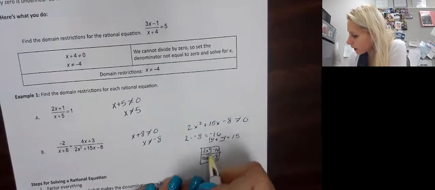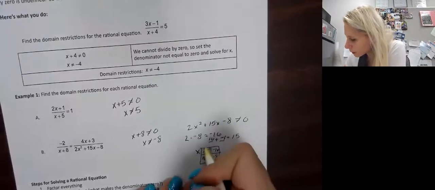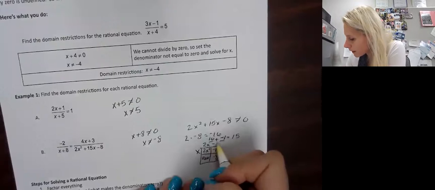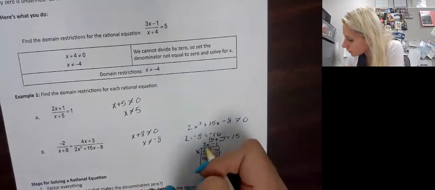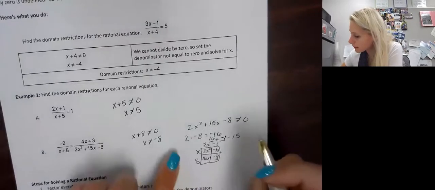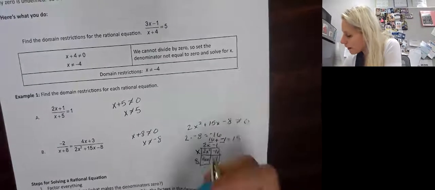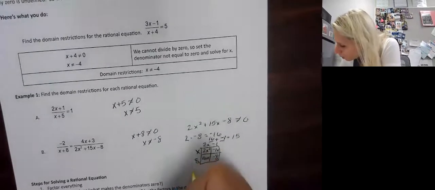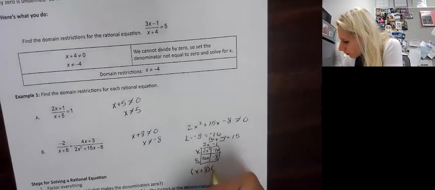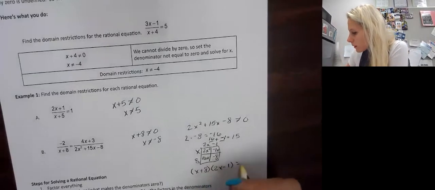All right, what's in common here is an x. x times what is 2x squared? That's 2x. x times what is negative 1? That's negative 1. 2x times what is 16x? That would be 8. And let's make sure 8 and negative 1 is negative 8, so we're good. So we have two factors here: x plus 8, and 2x minus 1, which cannot equal 0.